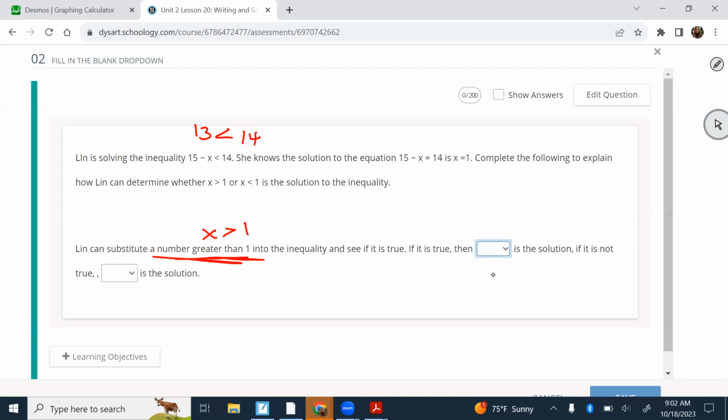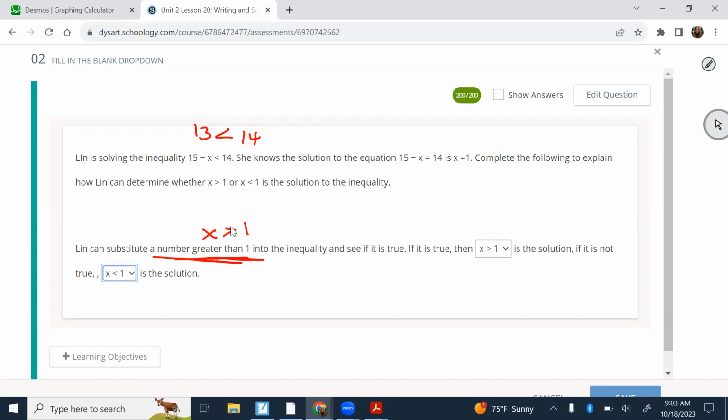If it produces something that is not true, then the other one, where x is less than, would be the solution. Because if you tested whether greater than would be a solution and it's true, then that's it. If not, then it must be the other one. Does that make sense? Okay.